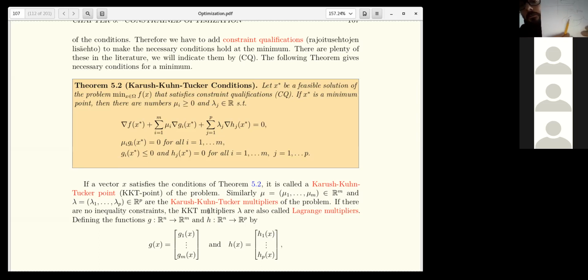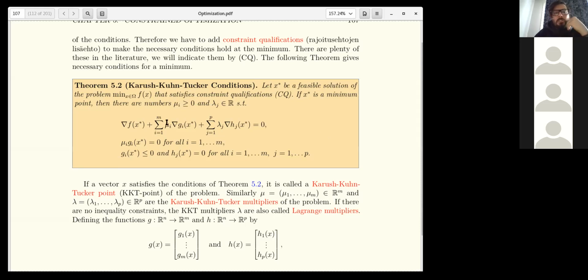Then this might be a local optimum if the gradient of f, the cost function, is 0. So if the gradient of f is equal to 0, we have to be able to find these coefficients, mu greater than or equal to 0, and lambda some real number. In that case, we're nowhere near the edge of this region, g of x is smaller than or equal to 0 at that point, and h of x is 0 at that point.